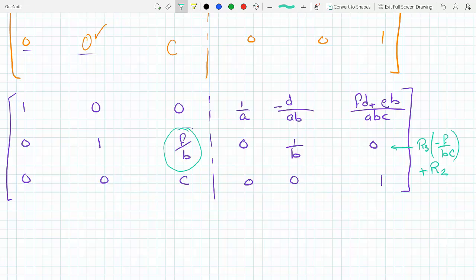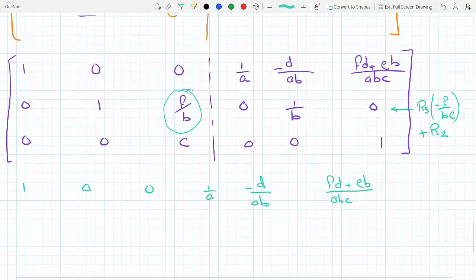So I'm changing this row here. First row stays the same, 1 0 0, 1 over a, minus d over ab, and then we have fd plus eb over abc. Okay, so these aren't going to change because they're zeros, so I will get 0 1 here.